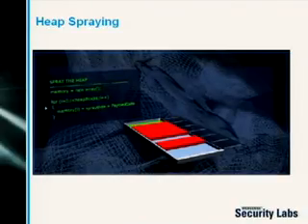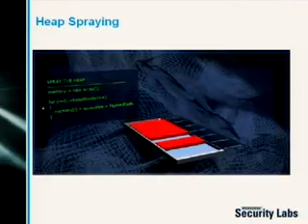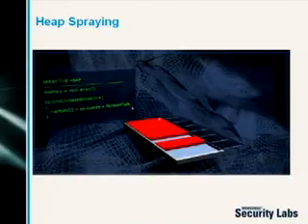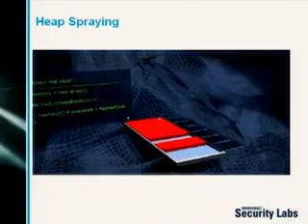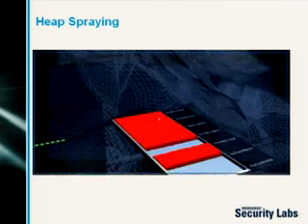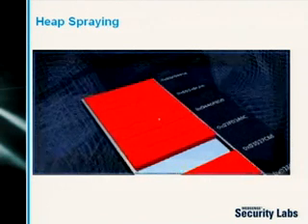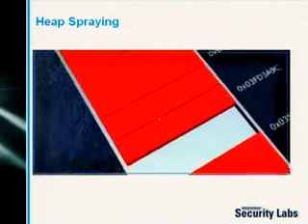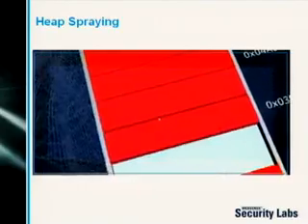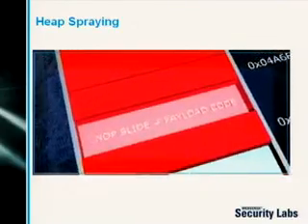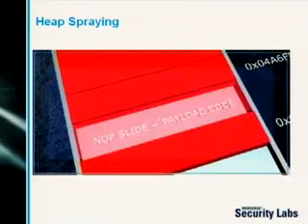And if we take a closer look into the content of the memory, we will find that the attacker filled it with a NOP slide and a shellcode. So that was his first step.